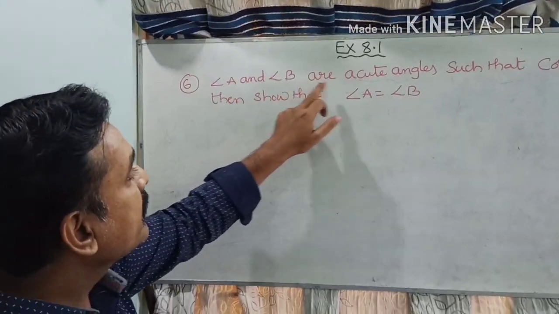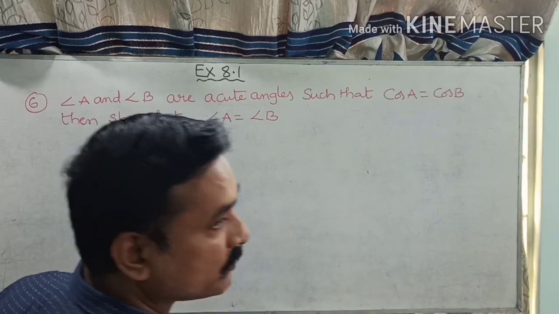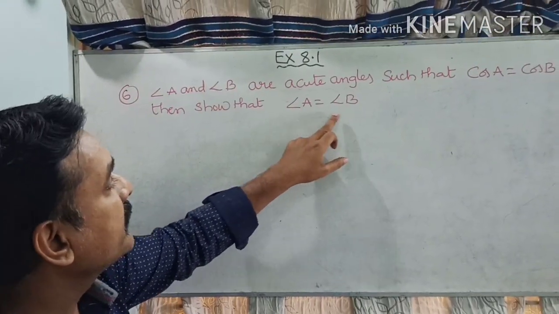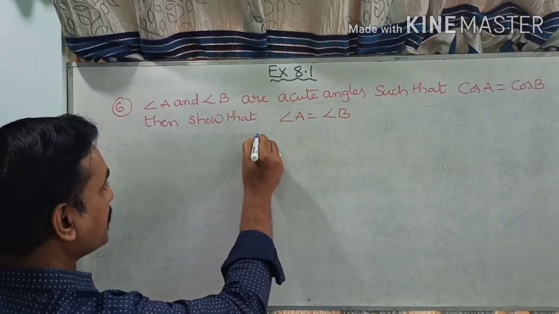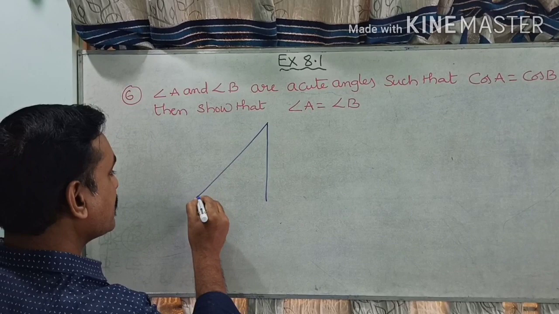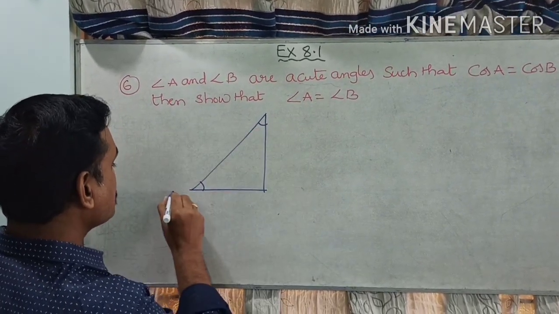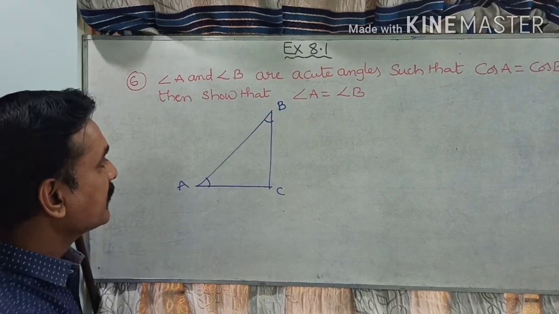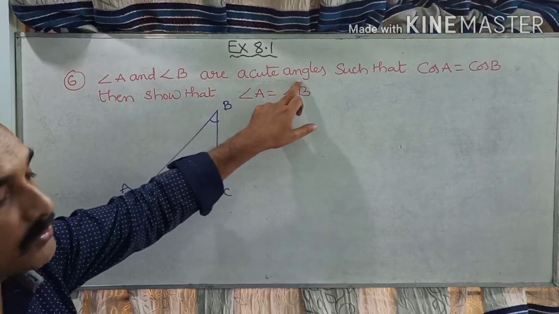Angle A and angle B are acute angles such that cos A equals cos B. Then they ask you to show that angle A equals angle B. So take a right angle triangle, and mark these as A, B, C. They have mentioned very clearly that angle A and angle B are acute angles.